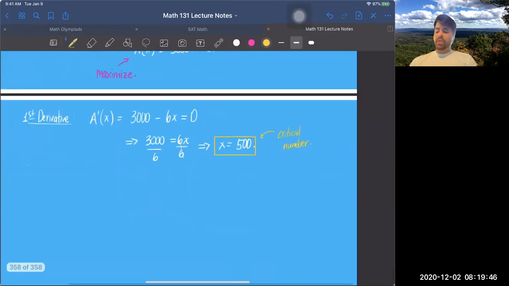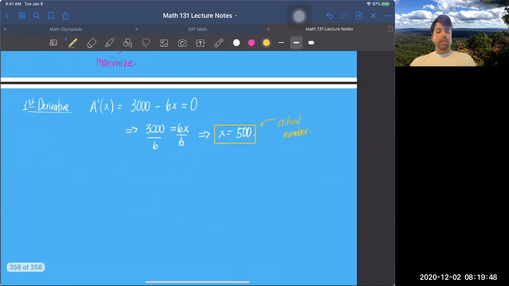Now, I just want to make sure that this is what I want. So then what can I do? I can use the first derivative test or the second derivative test. Either or, but this seems to be a lot simpler if I use my second derivative test. I find the second derivative and consider the concavity. This is one of those problems where it's always negative.